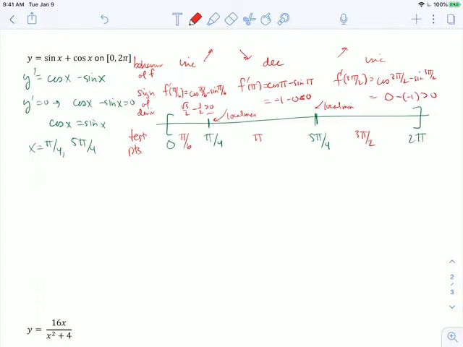So I can summarize this: f is increasing on 0 to pi over 4 and 5 pi over 4 to 2 pi. F is decreasing in between.